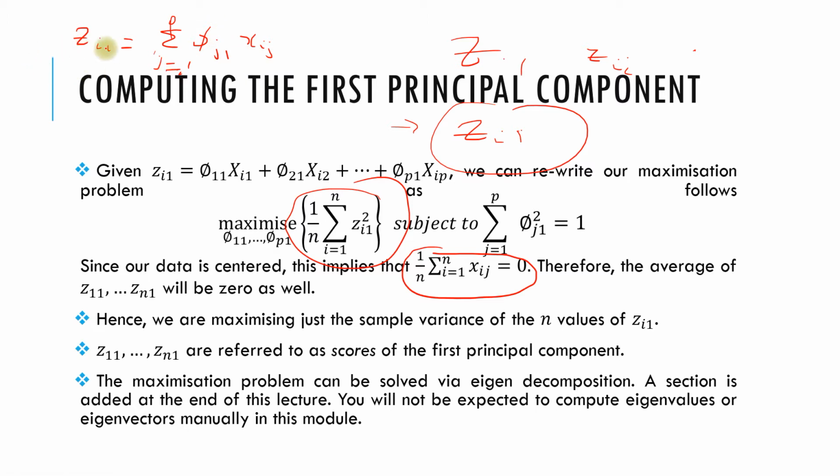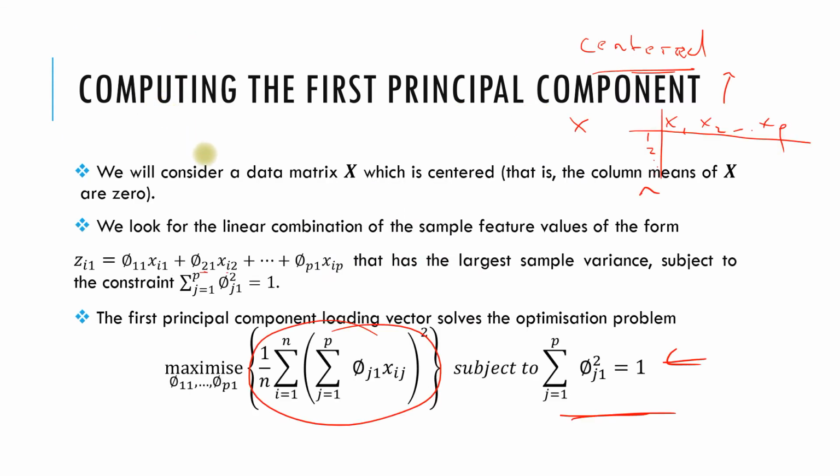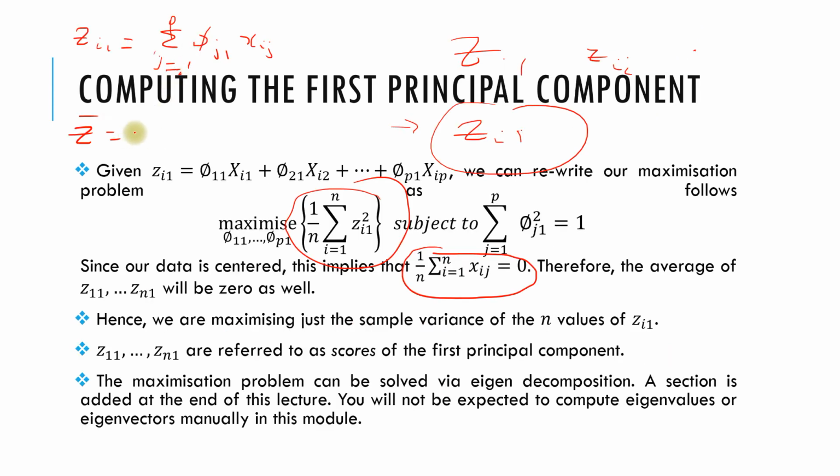Now, if zi is equal to that, you need to understand that z bar is equal to what? z bar is going to be equal to 1 upon n, the sum from i equal to 1 up to n, of the sum from j equal to 1 up to p of phi j1 xij.